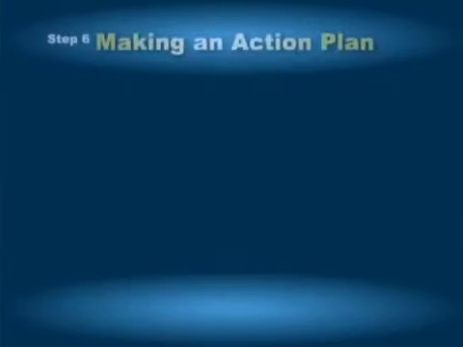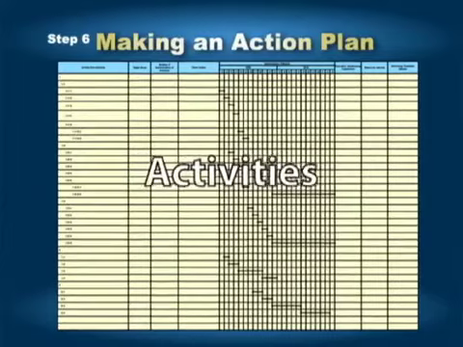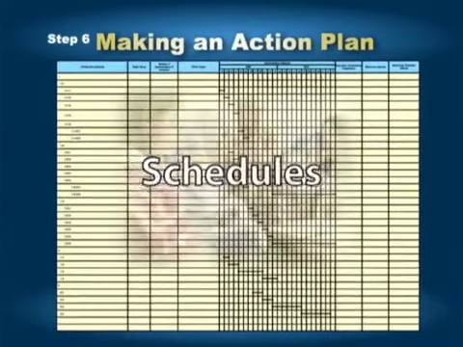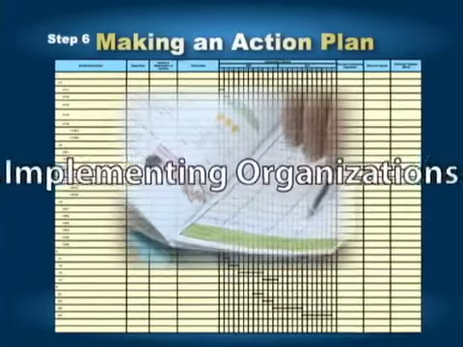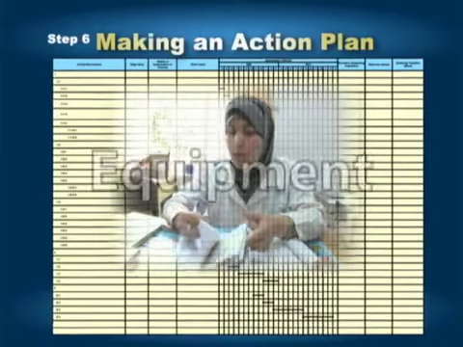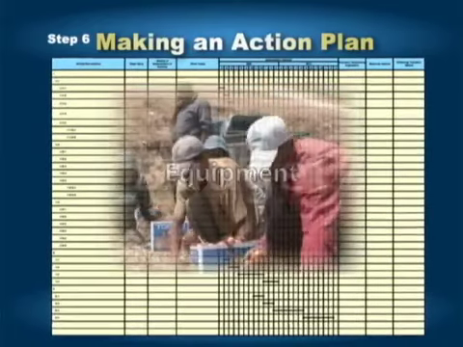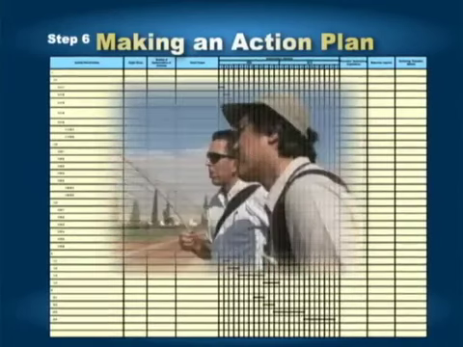An action plan sheet formed in Step 6 is a sort of summary table including activities, schedules, executive organizations, implementing organizations, required resources such as human resources, equipment, and other budget, as well as modality of monitoring and evaluation.